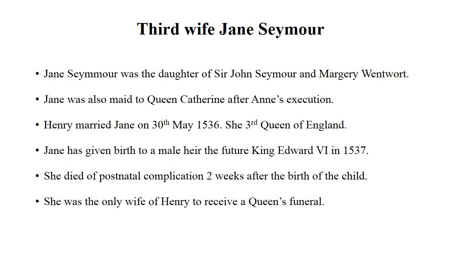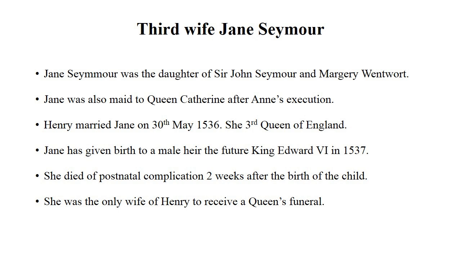After Anne's execution, Henry married Jane on 30th May 1536. See, on May 15th of 1536, Anne got executed. After 15 days, Henry married Jane, and she was the third Queen of England.